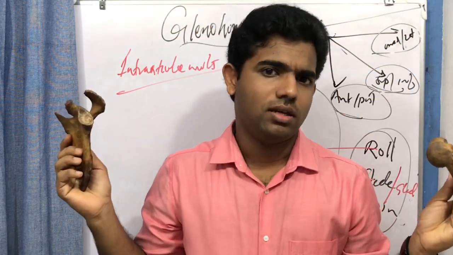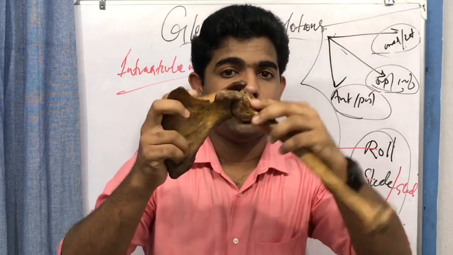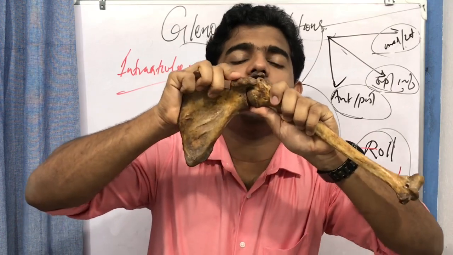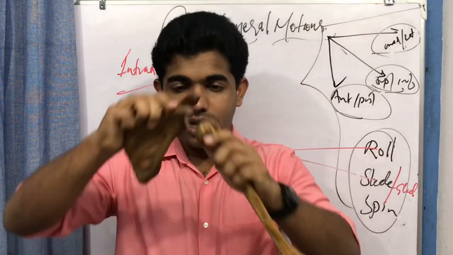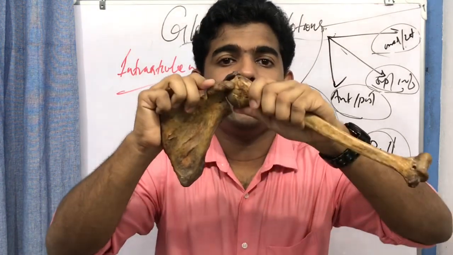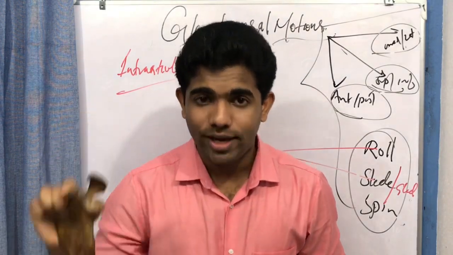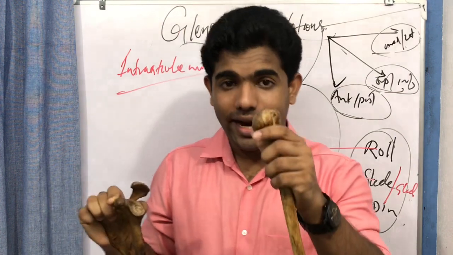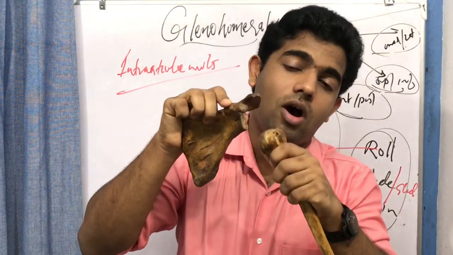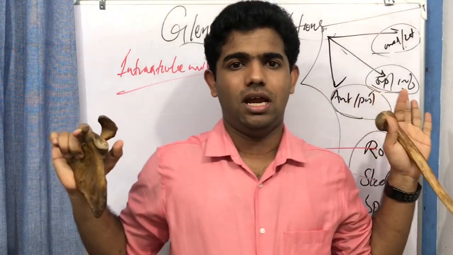Along with that, up to 60 degrees of abduction or elevation, studies show that there is a slight movement of the humeral head upwards, in the superior direction. So in the initial degrees of glenohumeral joint range of motion, the humeral head may go slightly upwards, about 1 to 2 millimeters. Just that much only.